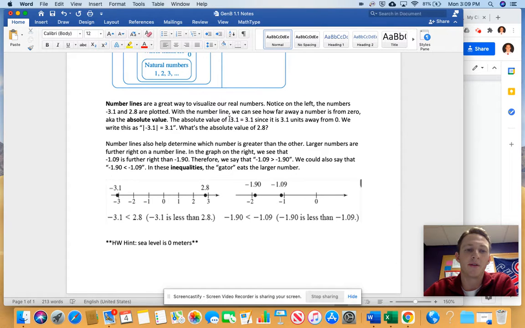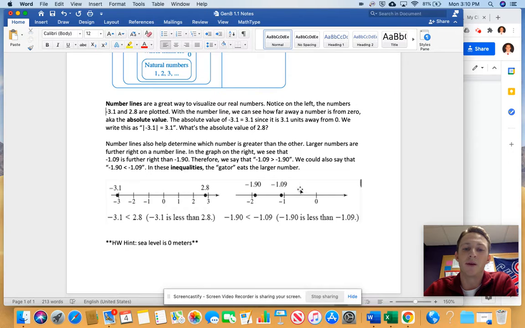Another good thing that number lines are useful for is determining which number is greater than the other. So here on this number line, we have negative 1.90 and negative 1.09. For a lot of us, it's really tough to look at decimals and figure out what they're telling us.